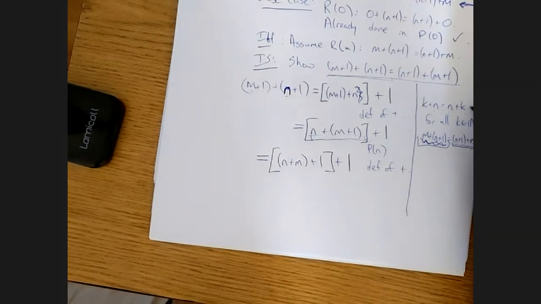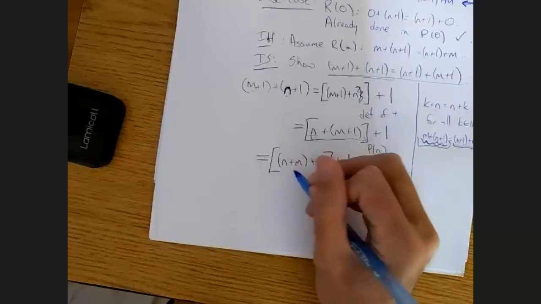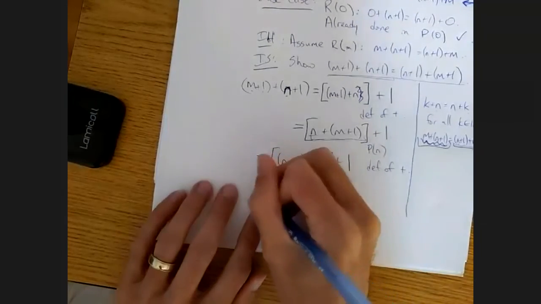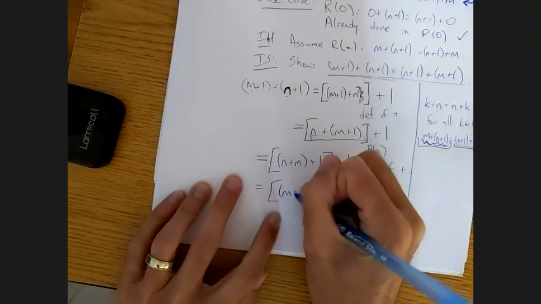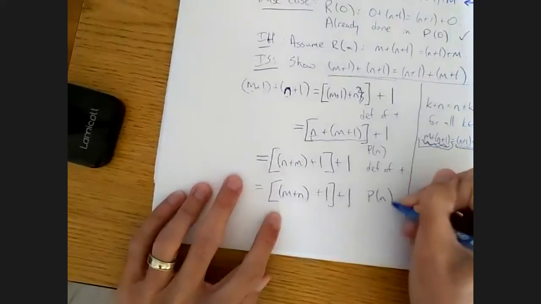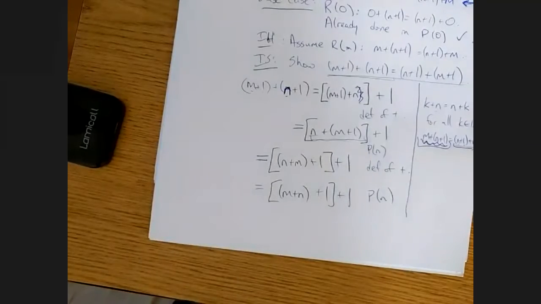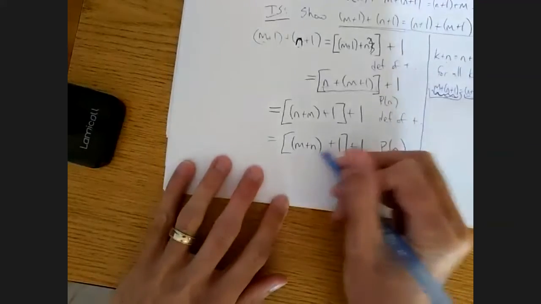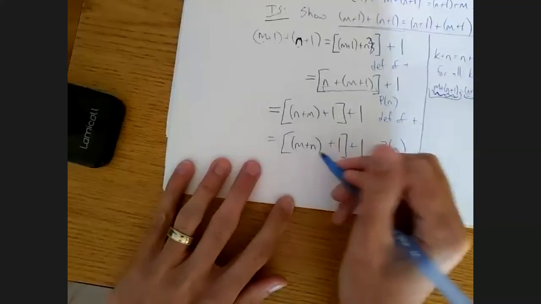Now I can use induction, the P of N again, to say that N plus M is M plus N. That's by P of N. And the definition of addition says that this is just M plus N plus 1.